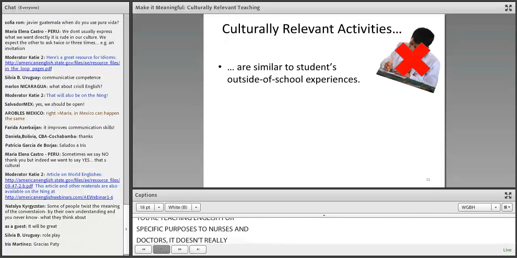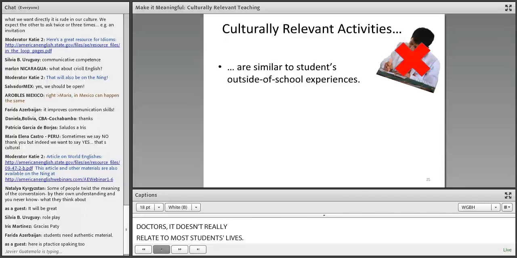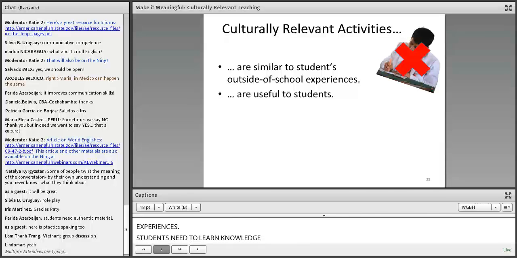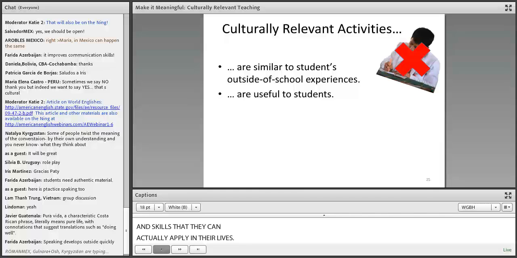If teachers can plan activities that are similar to what students do in their lives outside of school, it helps to build a bridge of meaningfulness between home and school experiences. Students need to learn knowledge and skills that they can actually apply in their lives. For example, reading a video game blog or reading a recipe.